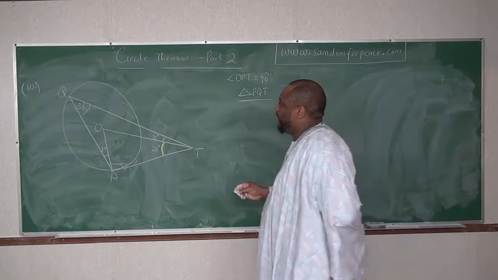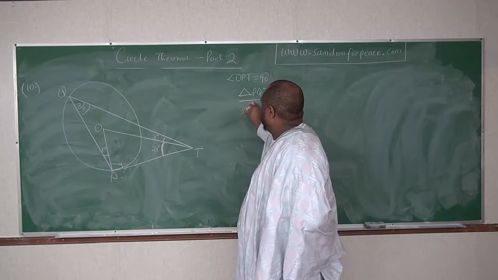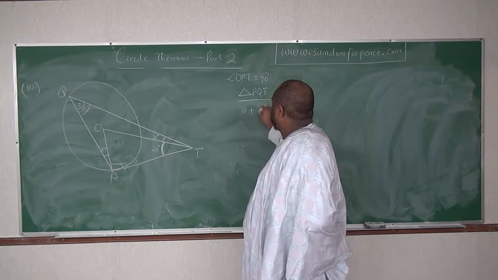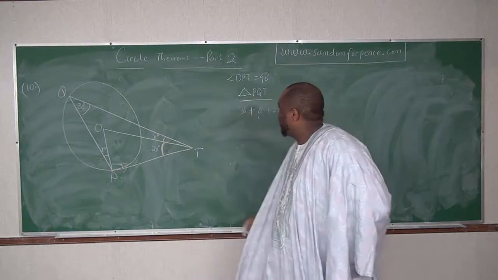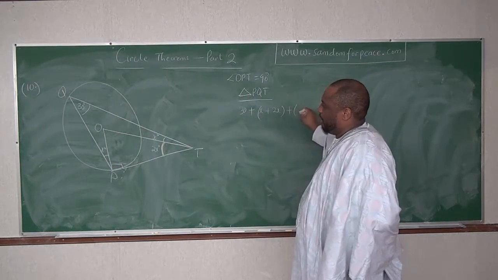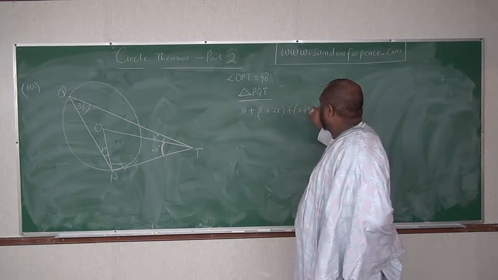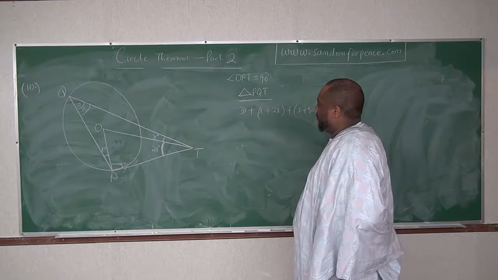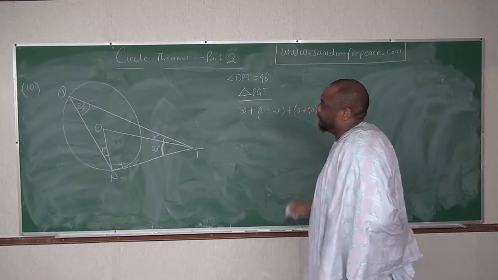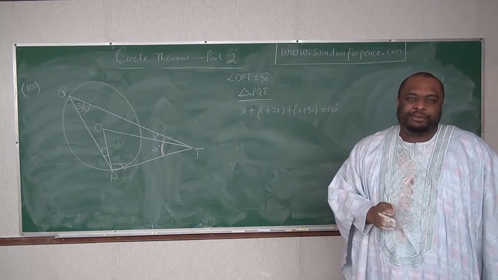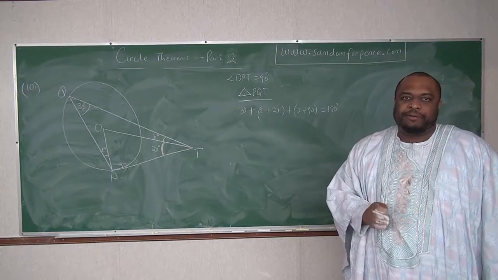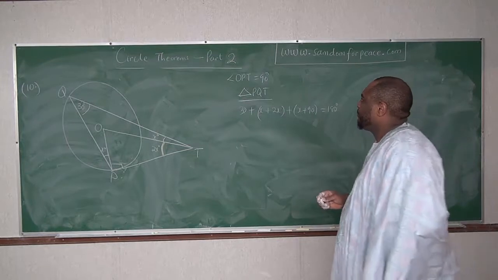So we now have that 30 plus x plus 2x, plus x plus 90 will give you 180 degrees. Reason, sum of angles of a triangle.